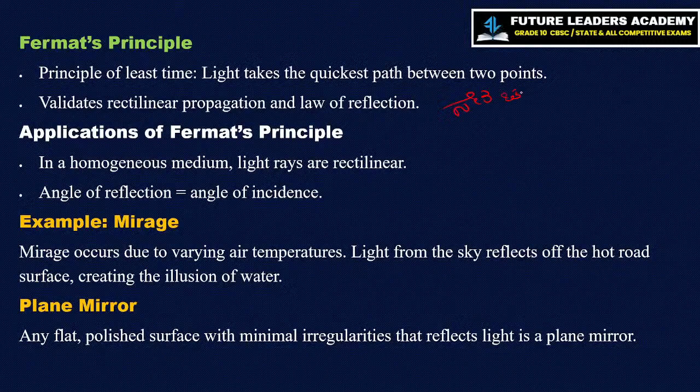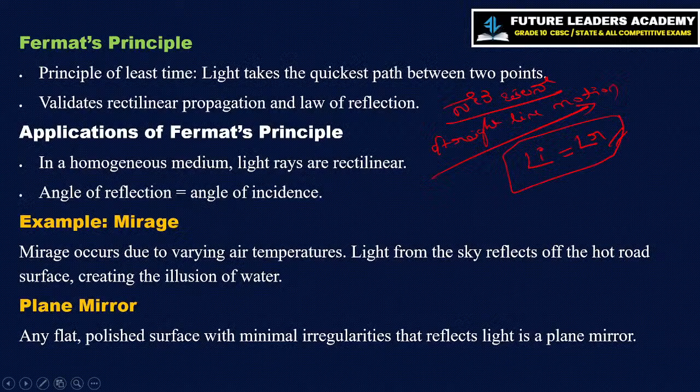Straight line motion. It means light travels in a straight line, always like this. Okay? Then again the law of reflection will be applicable. The law of reflection says that the angle of incidence is equal to the angle of reflection. Right? This is the law, so this will be followed.